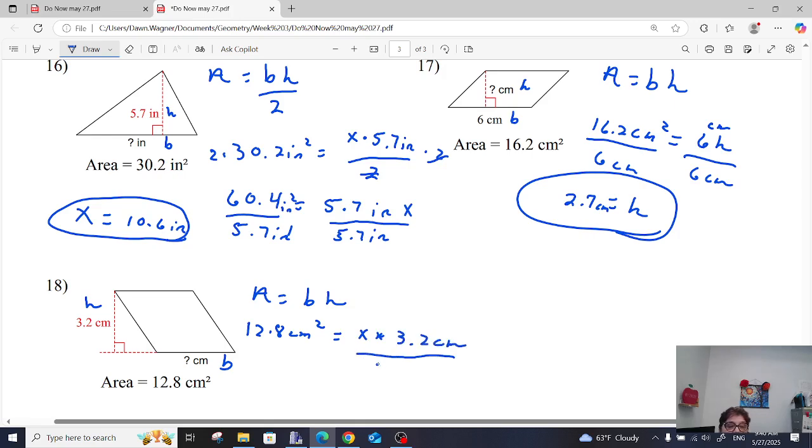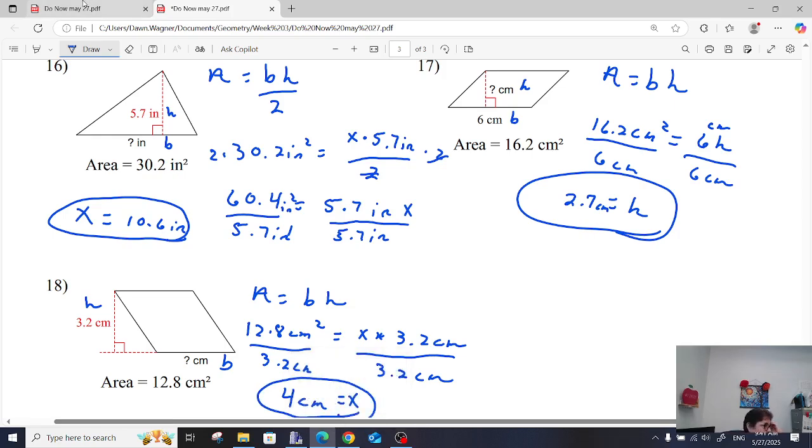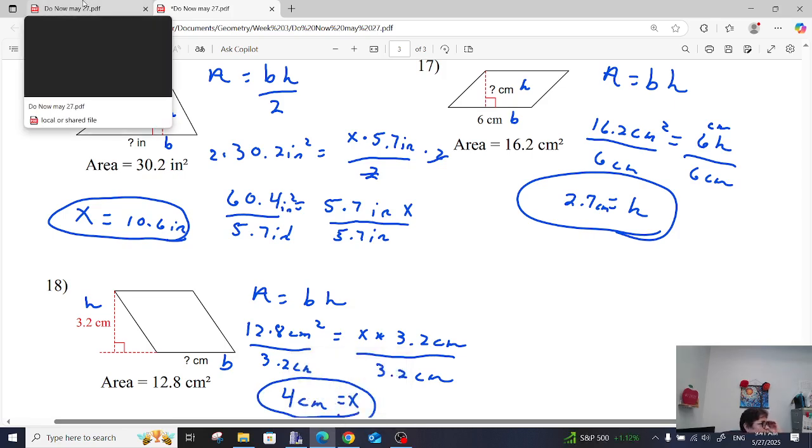So just divide by 3.2 centimeters on both sides. And then you should be able to solve. And what is 12.8 divided by 3.2? 4 centimeters.